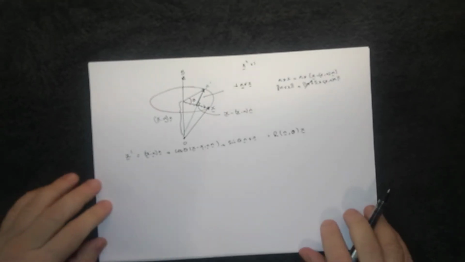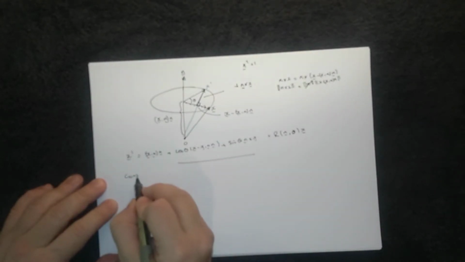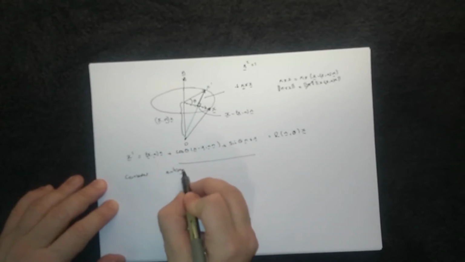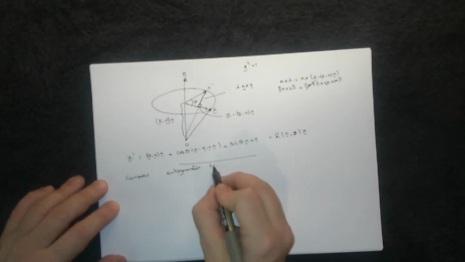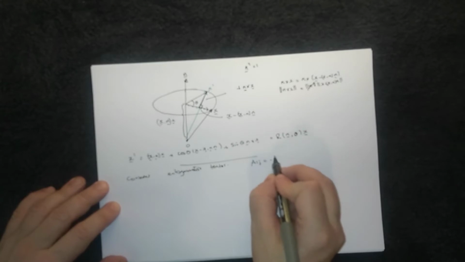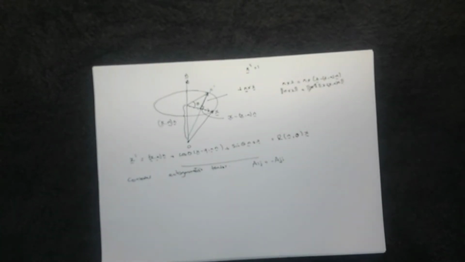The next thing we're going to do is consider an antisymmetric matrix, or in this case, strictly speaking, a tensor. It satisfies aij is minus aji. So this just has two indices.